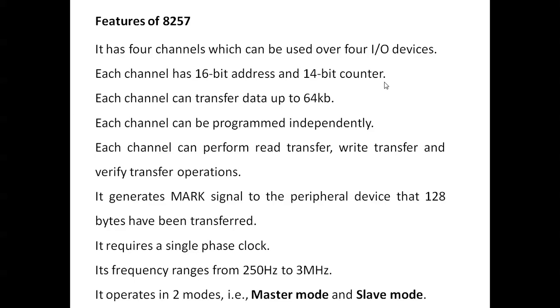Each channel performs read transfer, write transfer, and verify transfer operations. It generates a mark signal to the peripheral devices after 128 bytes have been transferred. It requires a single phase clock. The frequency ranges from 250 Hz to 3 MHz. It operates in two modes, master mode and slave mode.